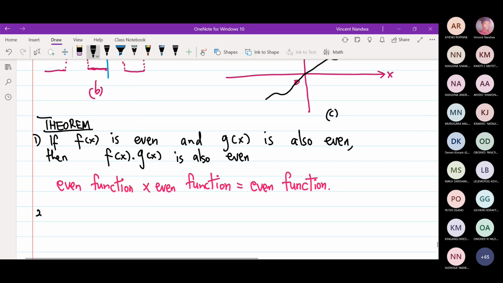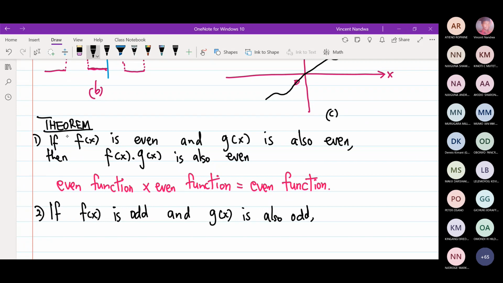Number 2, if f of x is odd and g of x is also odd, then if I take f of x and multiply by g of x, I get an even function.